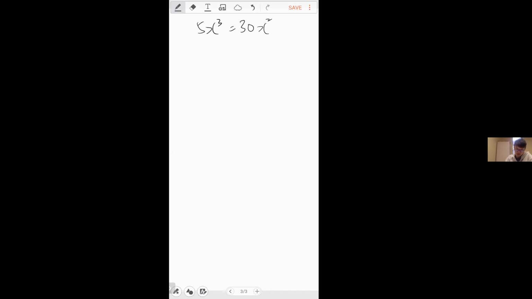So what I would do is put the 30x squared on the left hand side like this. I can pull out 5x squared and then get x minus 6 equals 0.